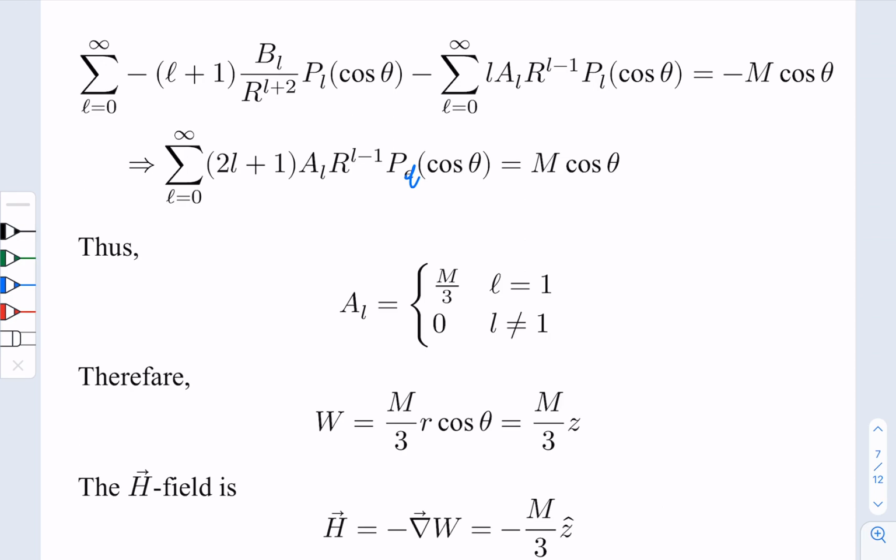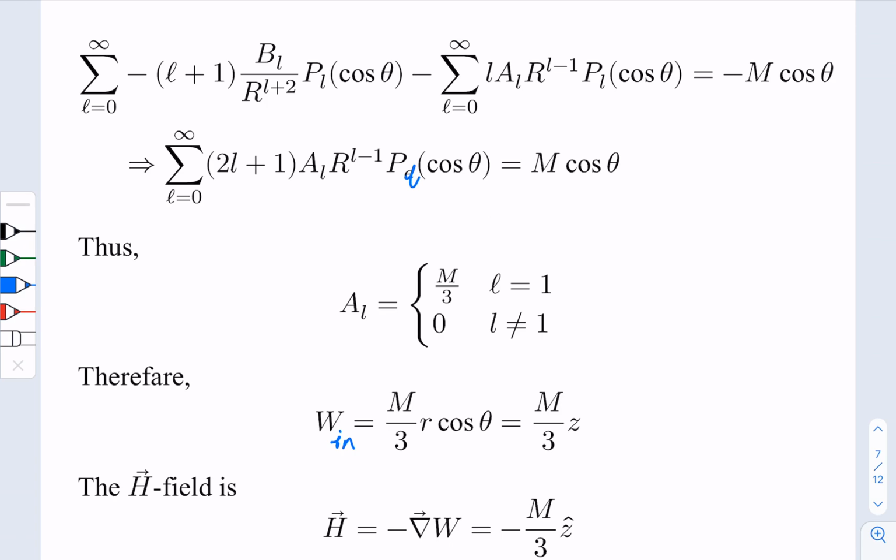So that means that the W field here is m over 3 times r cosine theta. That is by collecting all the L equals 1 solutions. So this is the inside solution, because here when R goes to infinity it diverges.